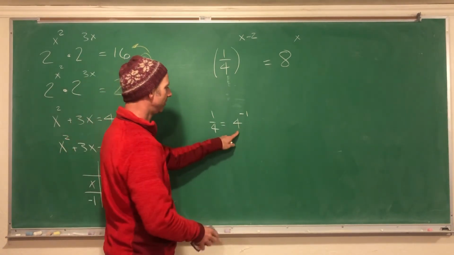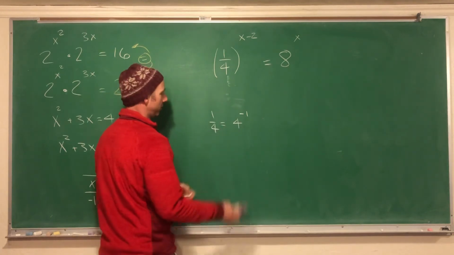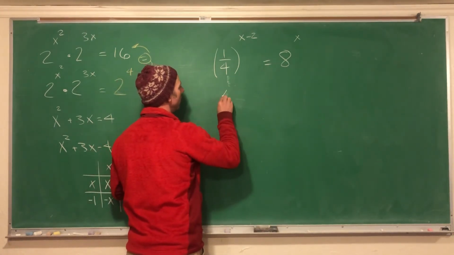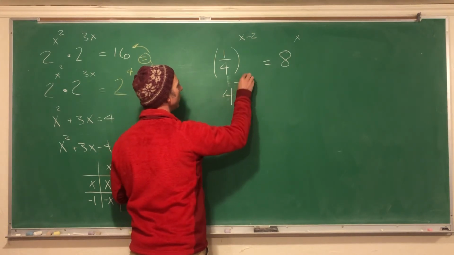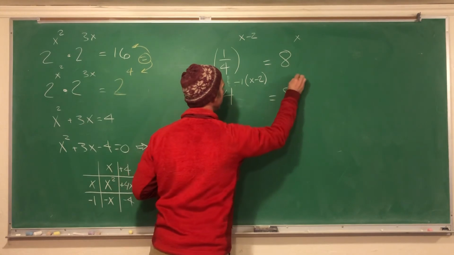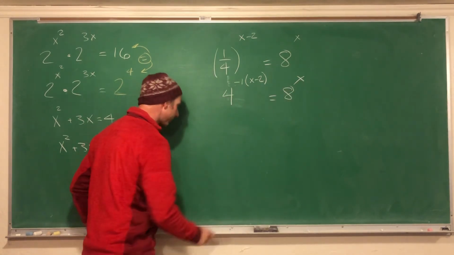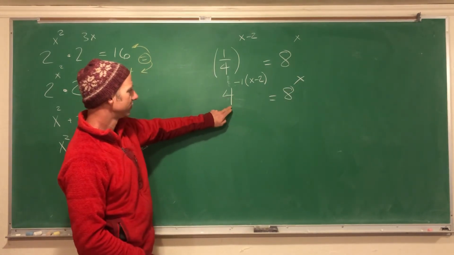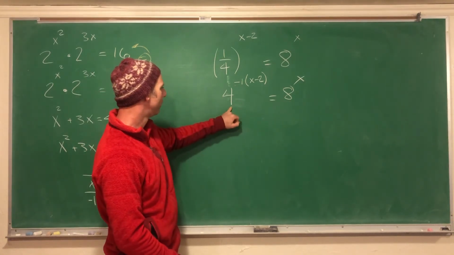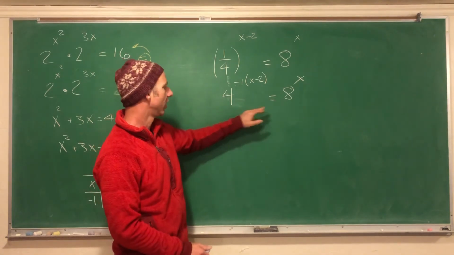Then you're going to see the 4 and 8 we can play with. So 4 to the minus 1 times x minus 2 equals 8 to the x. Now we have to deal with this 4 and this 8. 4 squared is 16, that's not going to help.